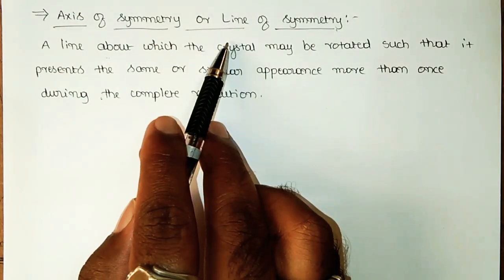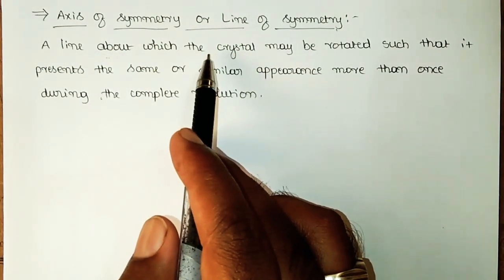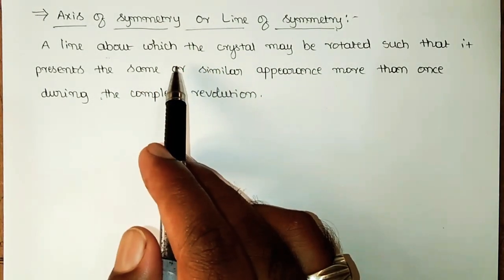Now we shall go to the third element of symmetry, that is axis of symmetry, which is also called line of symmetry, and in majority of cases this will be called alternating axis of symmetry also.